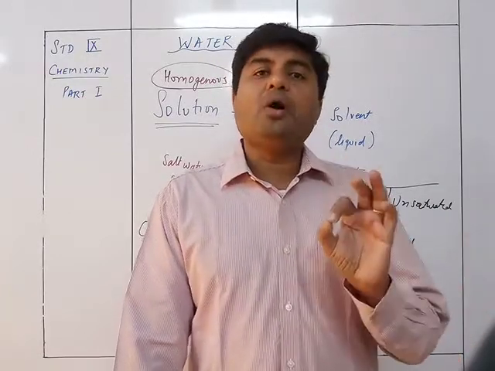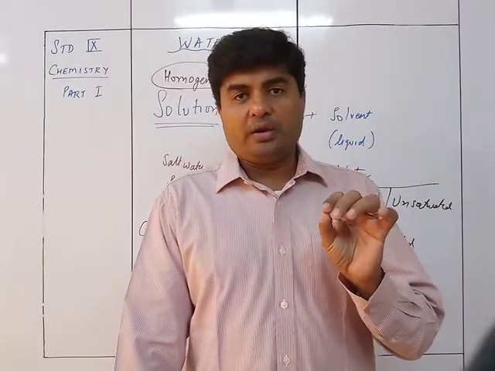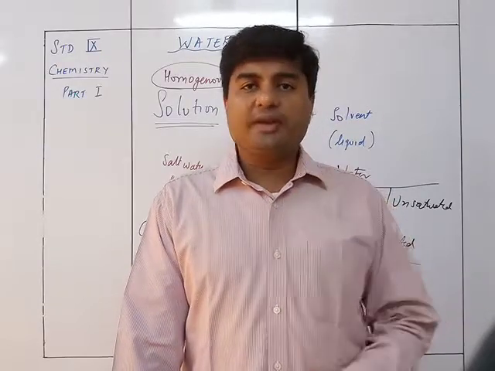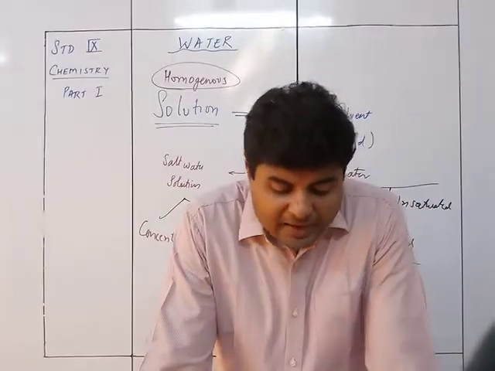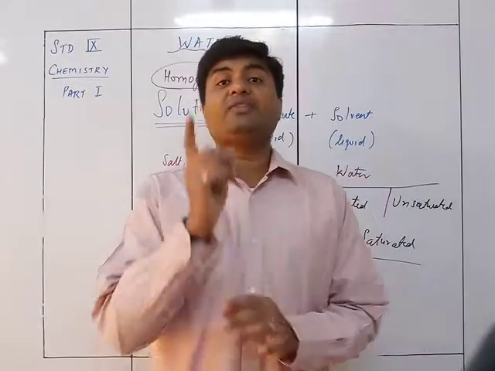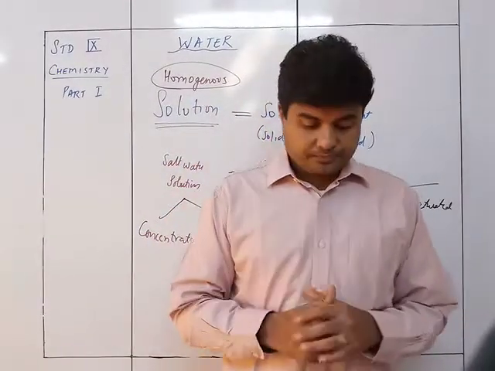So the amount of the solute which can get dissolved in that quantity of solvent is the solubility of the substance. Solubility is the ability of a solute to dissolve in a particular solvent.